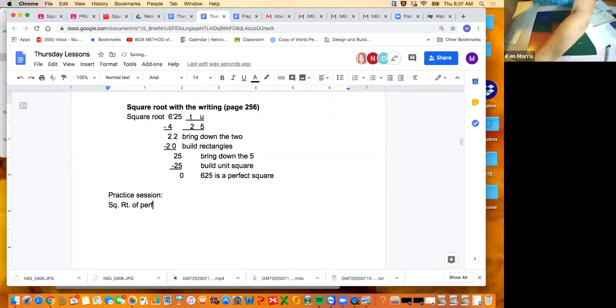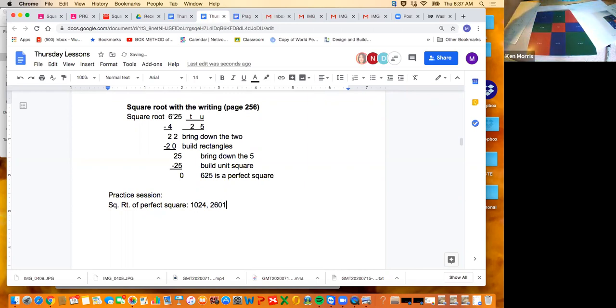Square root of perfect squares. I would like you at this point to just do them all with notation, so you get to practice both at the same time. You can choose, just do one of each: either 1024 or 2601.